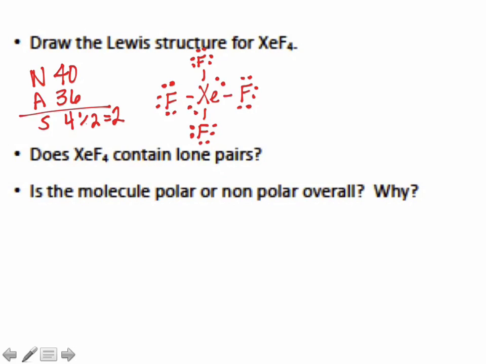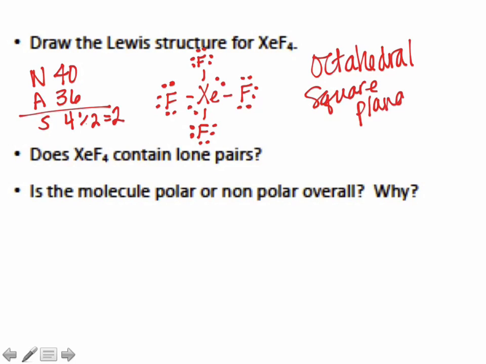So now I want to know family, geometry, polarity. There's 6 on it. So if it's 6, it has to be the family of octahedral. Square planar. What's the polarity?